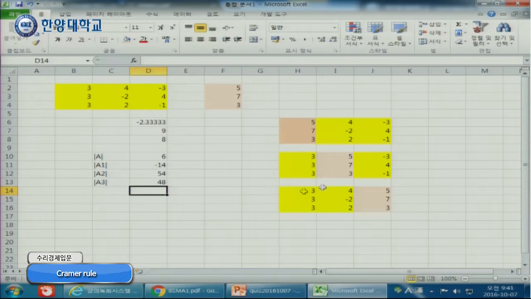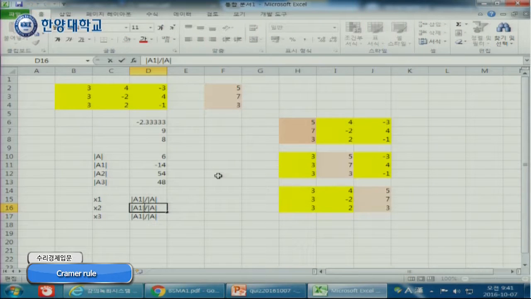Right? Now x1, x2, x3 is the ratio, so now we can get x1, x2, x3 simply: A1 divided by A, right, this is A2, this is A3, right?